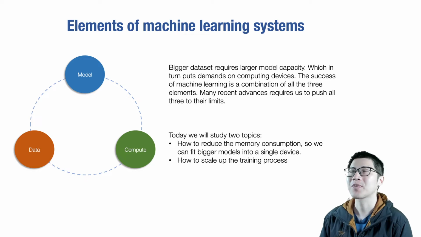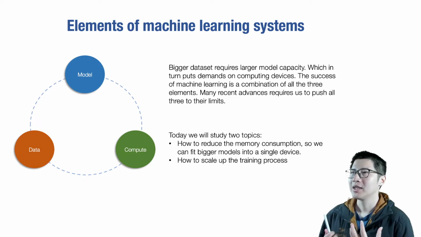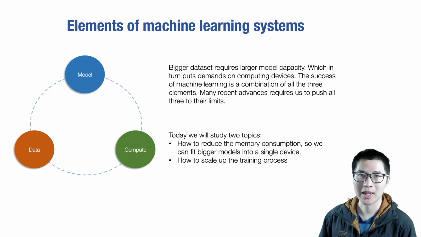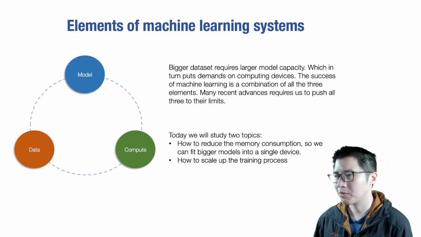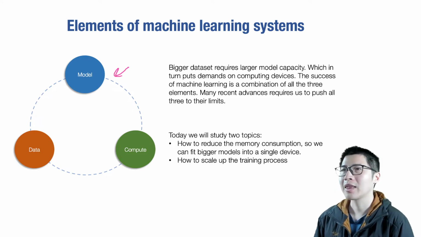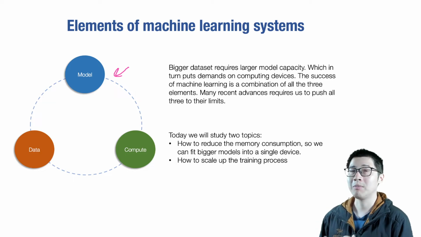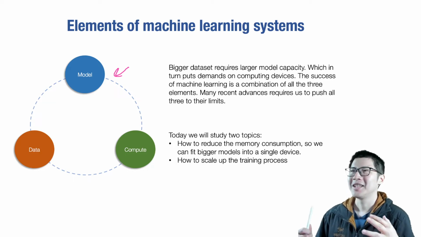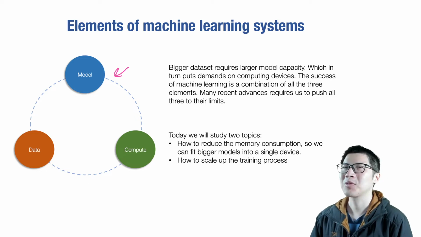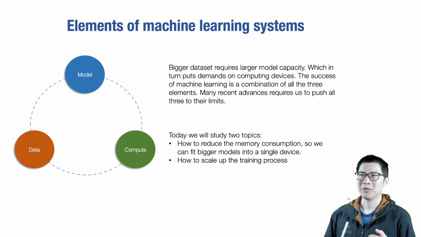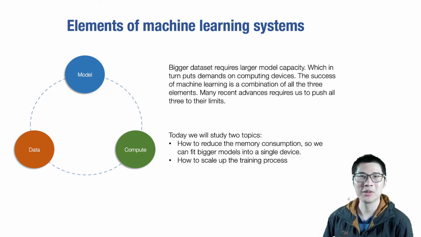Okay, so to begin with the first part, let's come back to why we want to talk about learning large models. In a lot of cases, when we start to think about building machine learning applications, there are a lot of things that come into play nowadays. Of course, we want to be able to build increasingly flexible models, and those models will need to learn from a bigger data set in a lot of cases. And in order to learn from a bigger data set, we will need to build those models using the advanced compute devices we have.